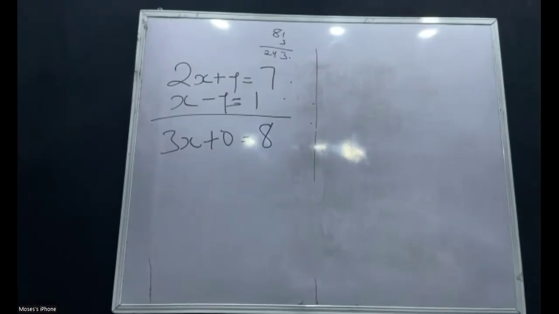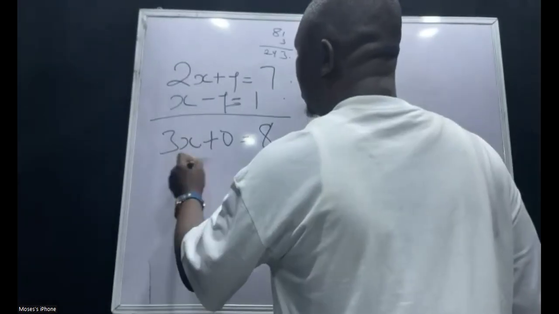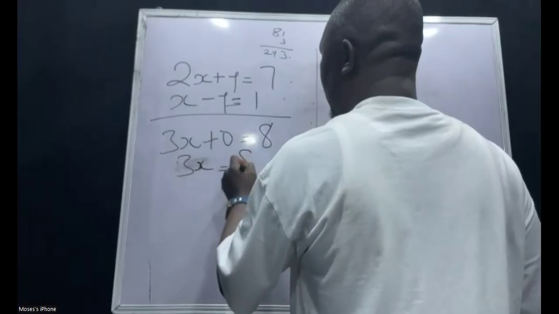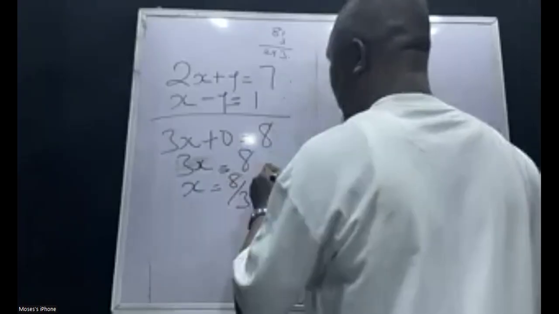So you have 3x equals to 8. So your x is what? 8/3.